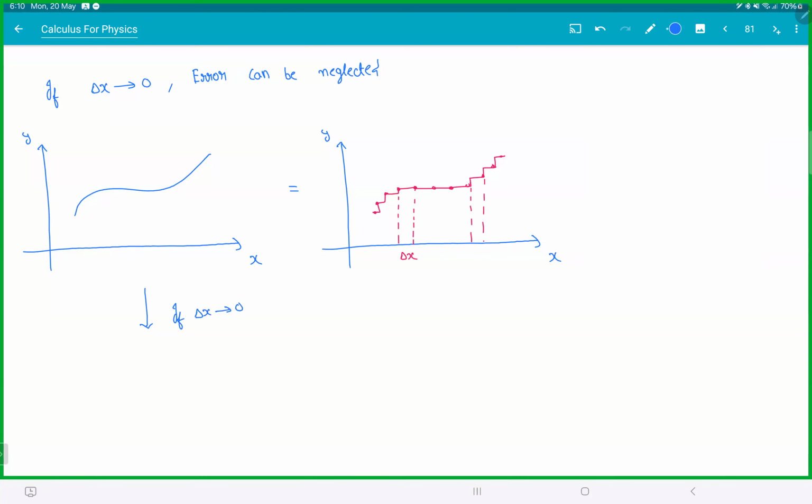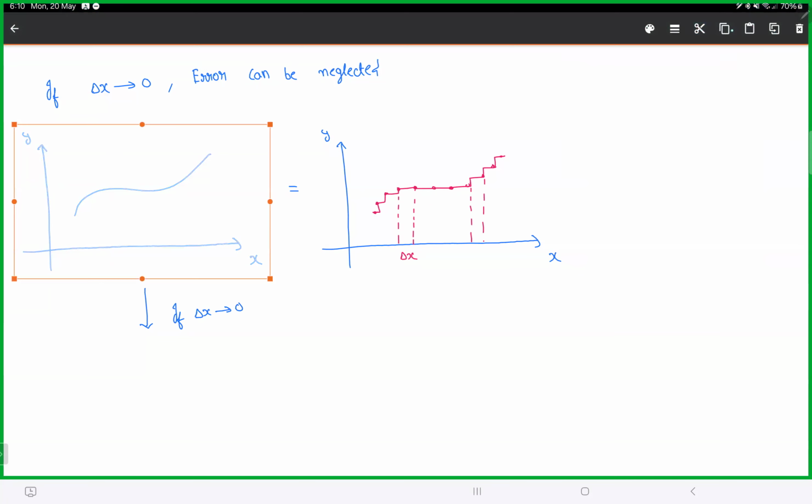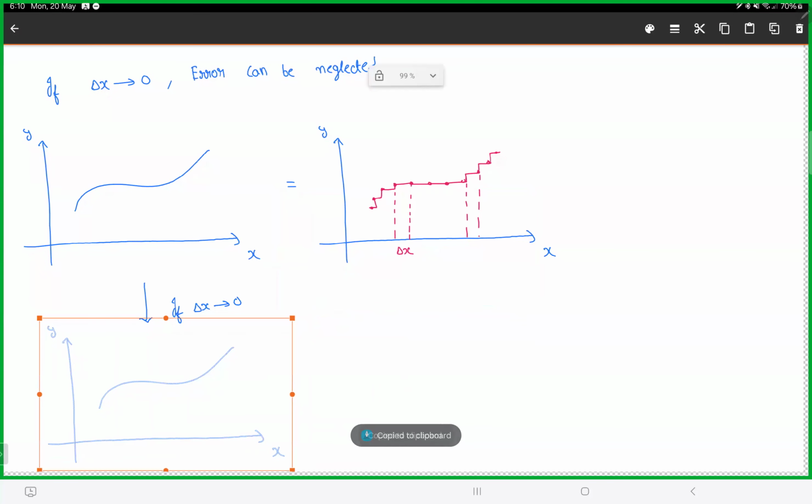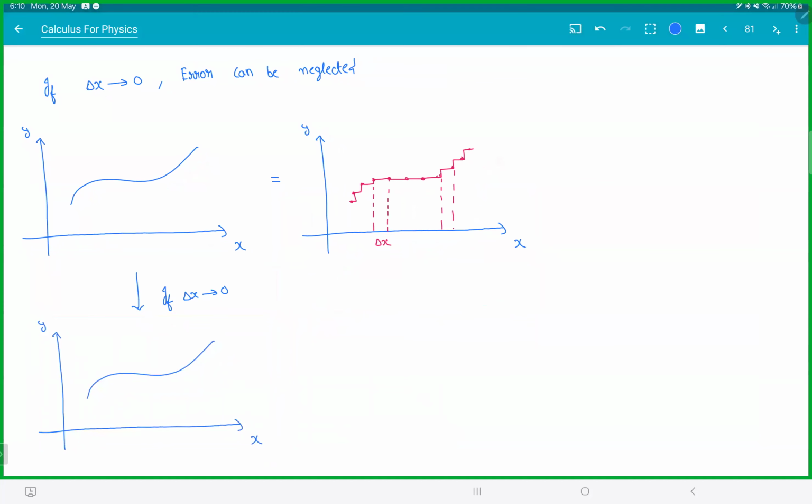Meaning basically you made it so small that it starts looking like a curve only. At least we won't be able to figure it out for our calculation purpose. So we are talking about a very thin slice. So this is delta x tending to zero. Imagine the thinnest of the thinnest layer.